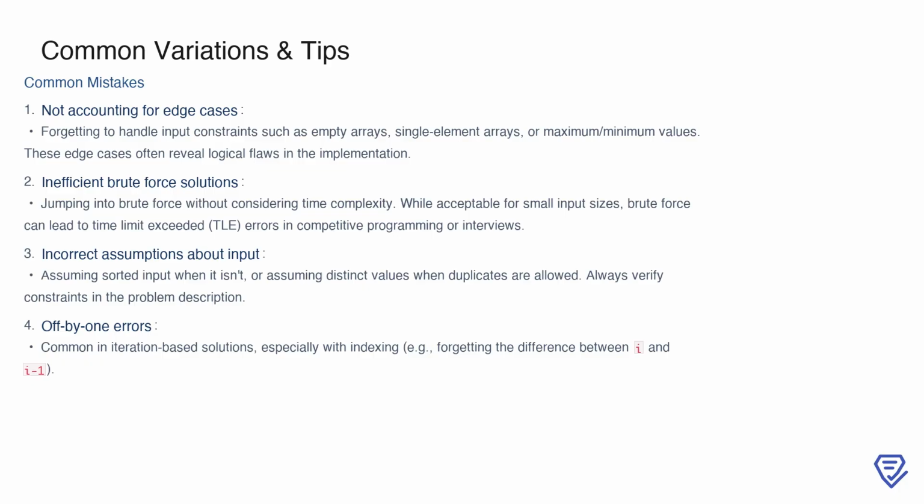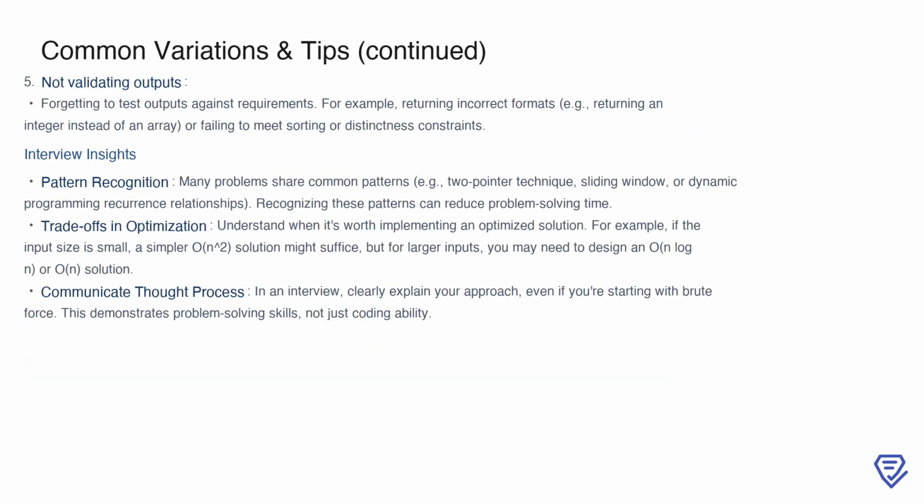These errors often occur when index calculations are slightly off, such as confusing i with i+1 in loops. Being mindful of these pitfalls can save you time and frustration. Another mistake to avoid is not validating your outputs to ensure they meet the requirements. For example, you might return an integer when the problem expects an array, or you might neglect to sort the results or remove duplicates if the problem explicitly requires it.